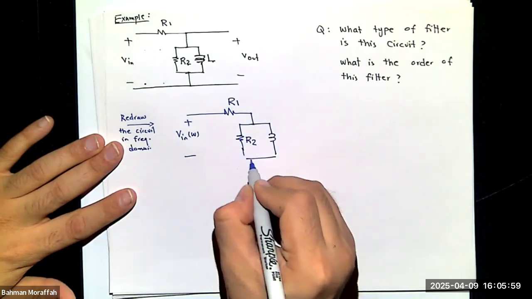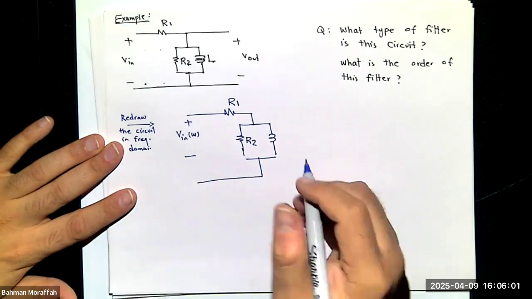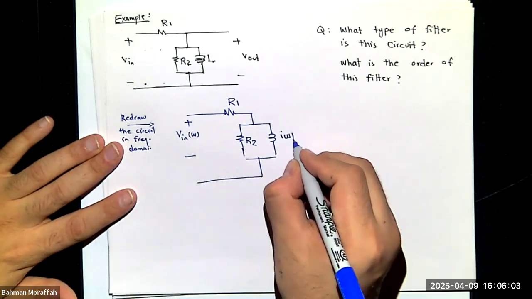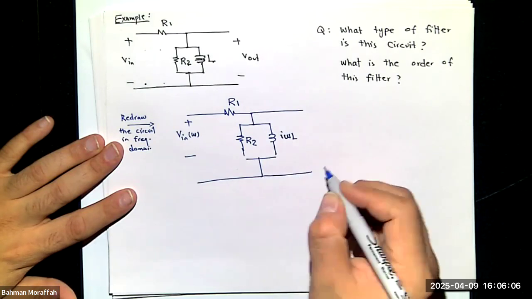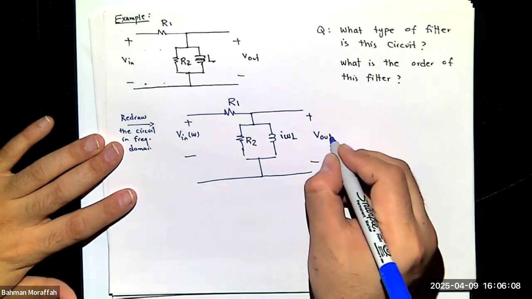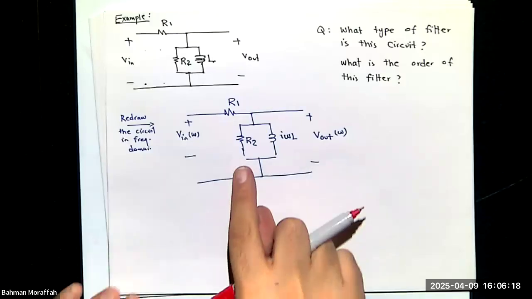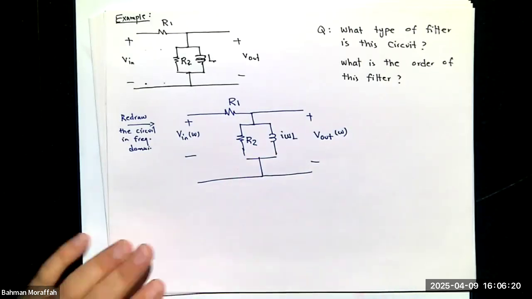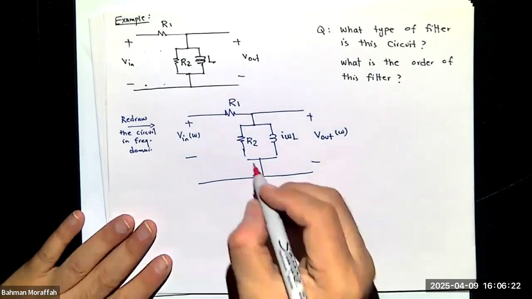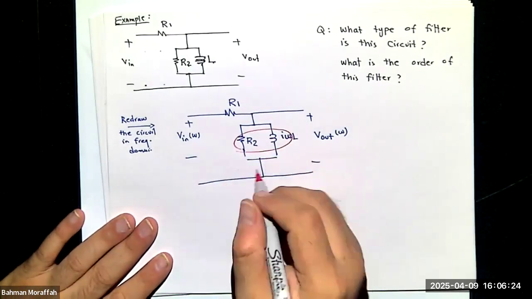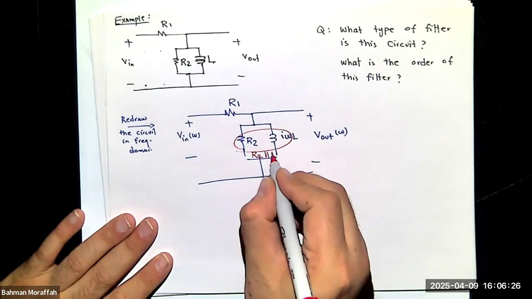What happens to the inductor? It becomes i omega L. And the voltage across these two is VR. What's the relationship between these two? They're in parallel. So I have R2 in parallel with i omega L.